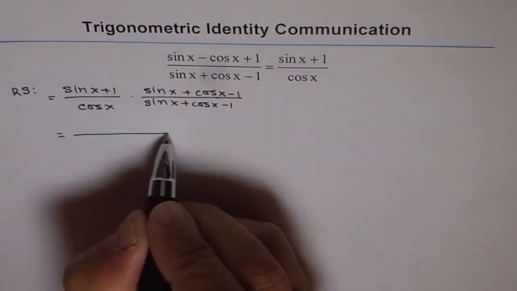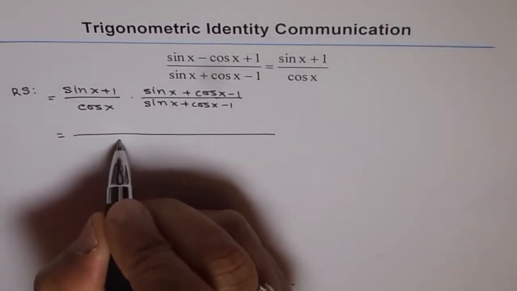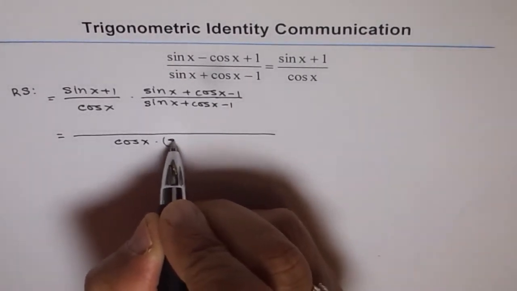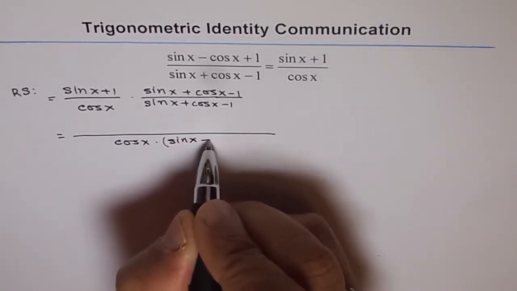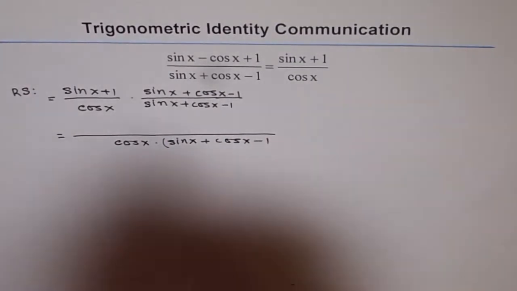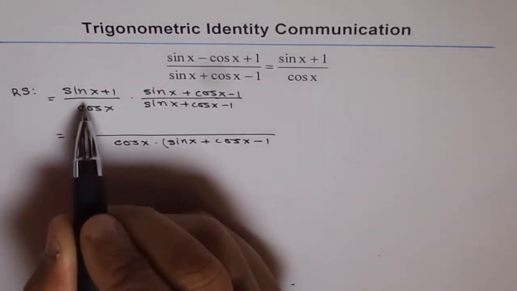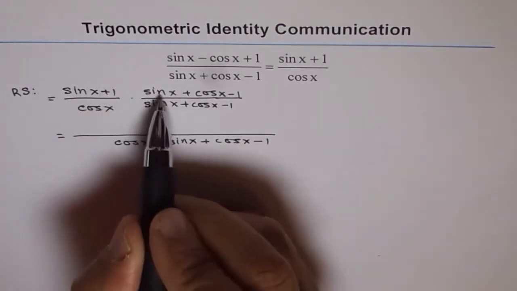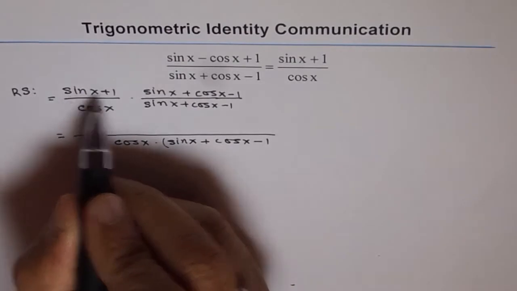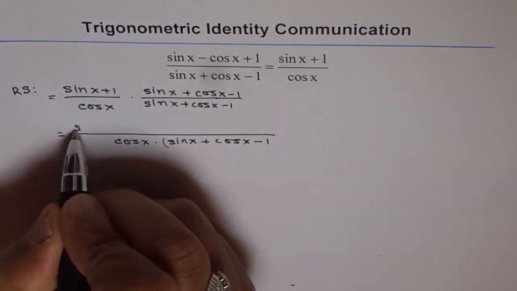So in the denominator, what we have is cos x times, within bracket, sin x plus cos x minus 1. Now in the numerator, let's expand. We should get 6 terms: sin x times these 3 and then 1 times these 3. So sin x times sin x is sin square x.